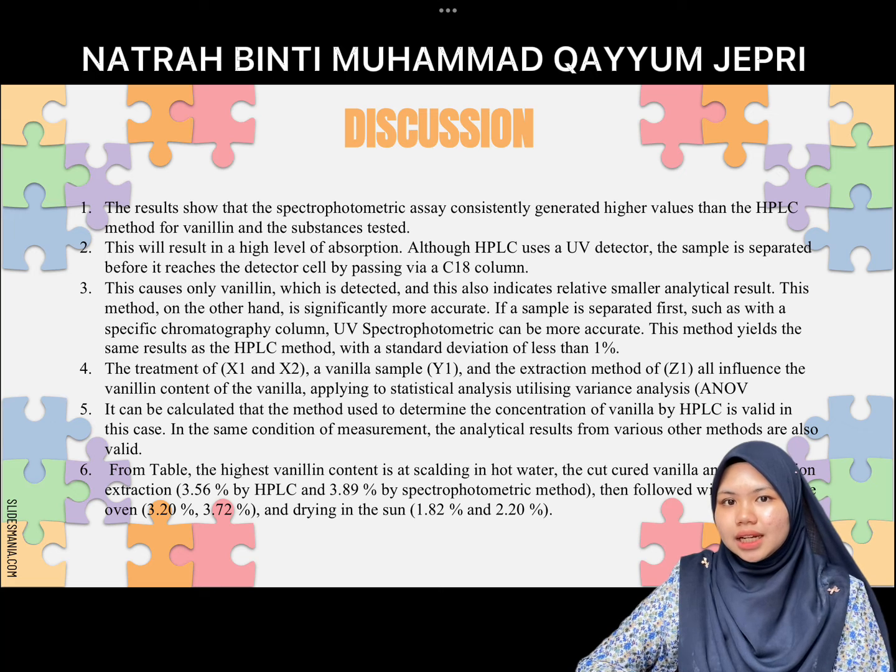Applying statistical analysis utilizing analysis of variance, ANOVA, this happened in both the HPLC and spectrometric methods. The recovery obtained is 99.77% of the required vanillin standard with an average concentration of 3.49 ppm using HPLC analysis, which is valid enough for the next measurement.